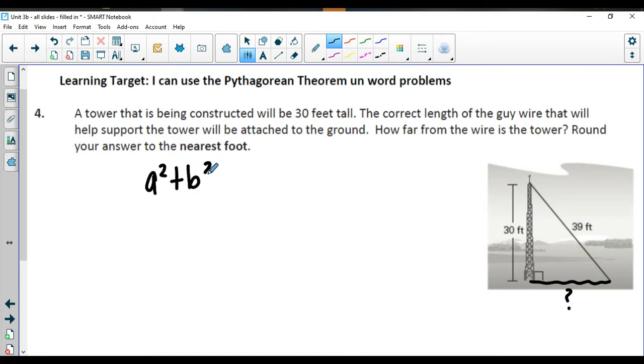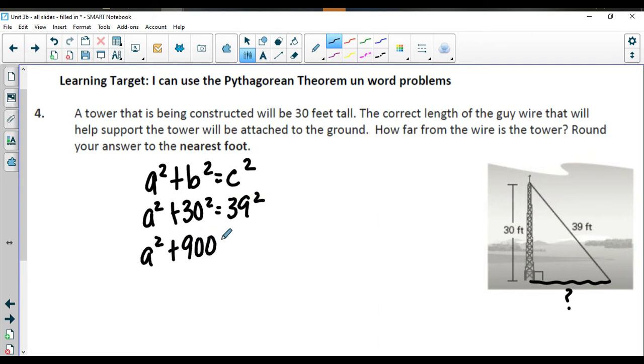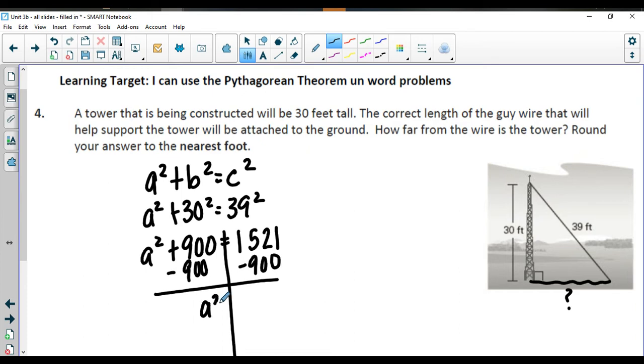So if we have a squared plus b squared equals c squared, we can have a squared plus 30 squared equals 39 squared. So a squared plus 900, and 39 squared is going to give me 1,521. I'm going to go ahead and subtract 900 from both sides. a squared equals 621.